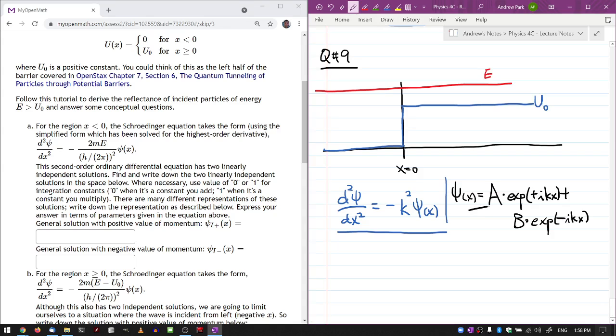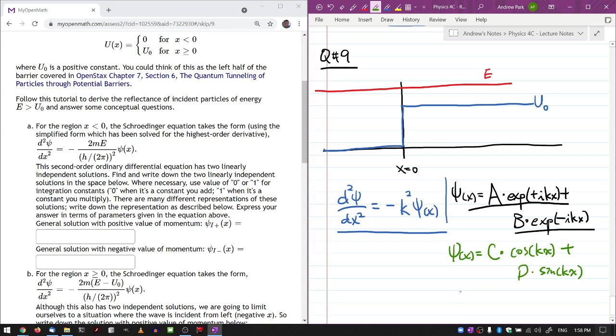Equivalently, you can also write this in this form. This is more of a taste thing. You can write an equivalent solution in this form: psi of x is equal to some constant times cosine of kx plus another coefficient times sine of kx.